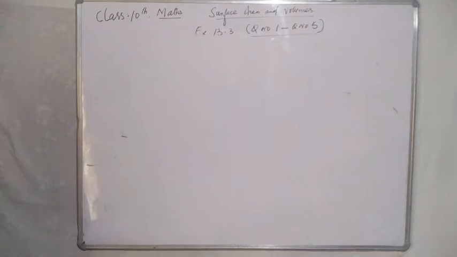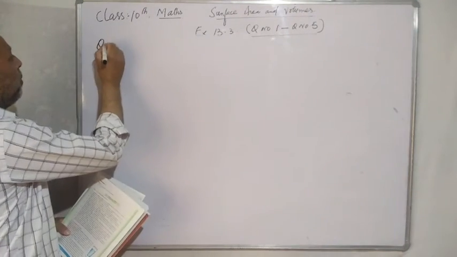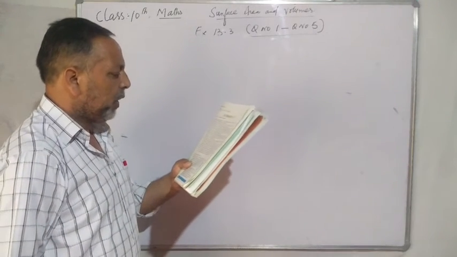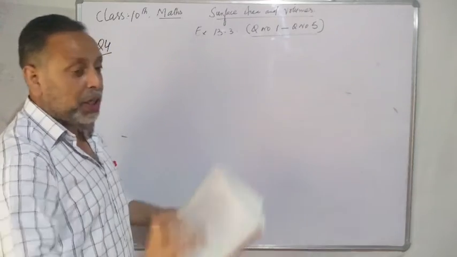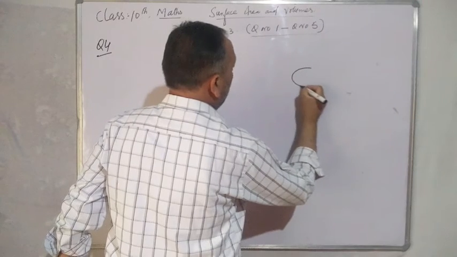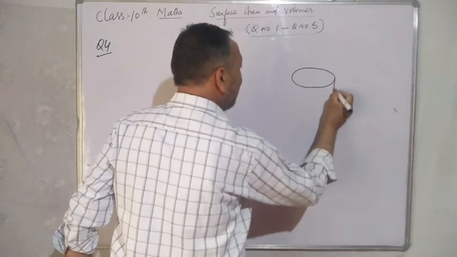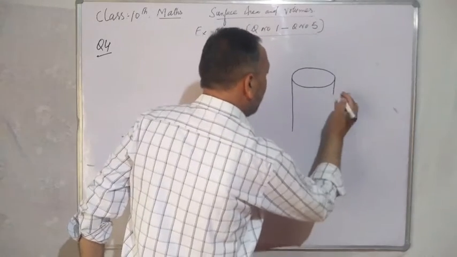Question number 4 says, a well of diameter 3 meter is dug 14 meter deep. Again, a well is dug. And you know, a well is always in a cylindrical form. Well हमेशा किस फॉर्म में होता है?